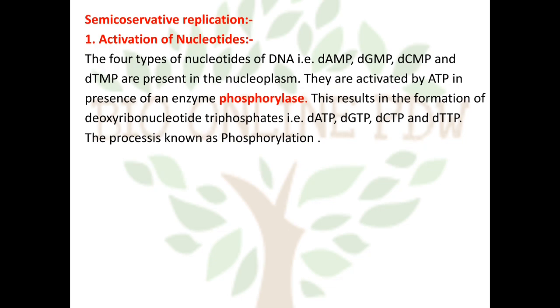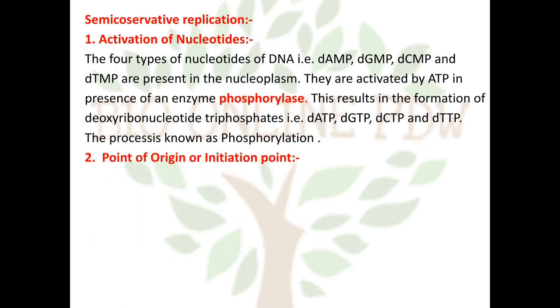They are activated by ATP molecules in the presence of the enzyme phosphorylase. This results in the formation of deoxyribonucleotide triphosphates. So they are dATP, dGTP, dCTP and dTTP. This process is also known as phosphorylation because the monophosphates are converted into triphosphates by addition of two inorganic phosphates. So it's called phosphorylation.